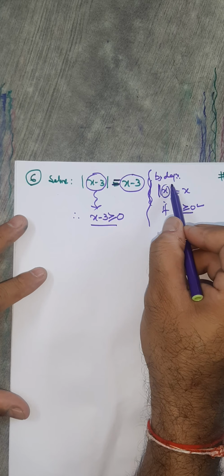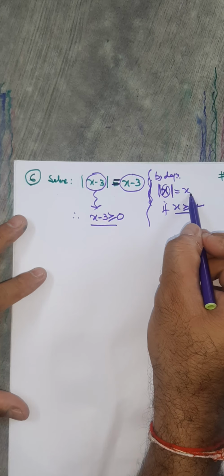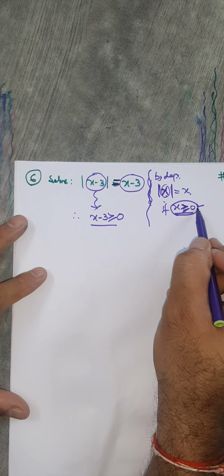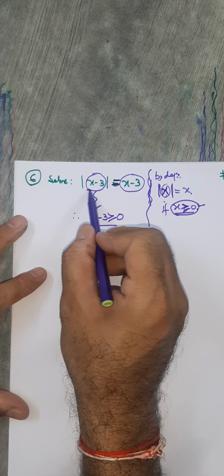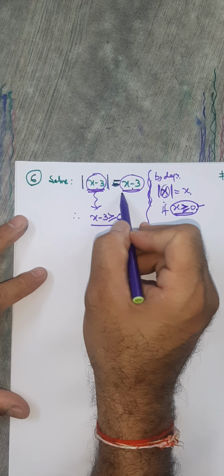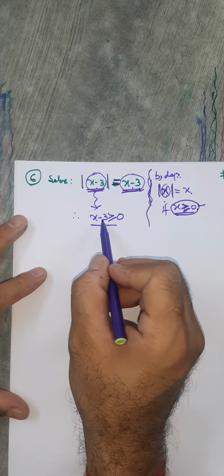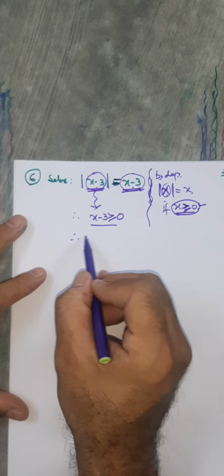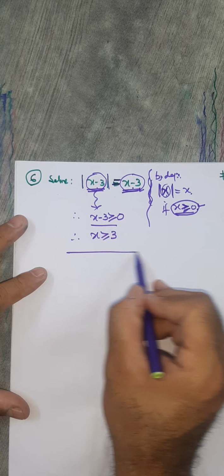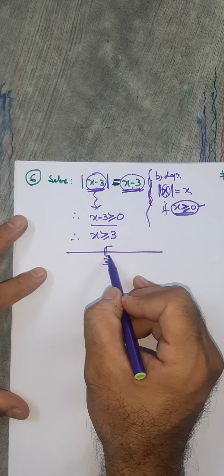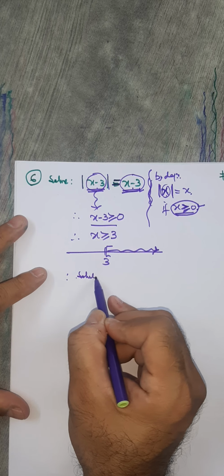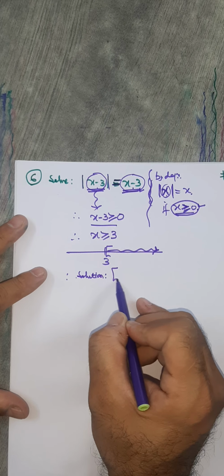What's the definition of modulus? Modulus of x equals x if the inner number x is greater than or equal to 0. So here the inner number equals that same number. That means the inner number has to be greater than or equal to 0. That means x has to be greater than or equal to 3. So greater than or equal to 3 means what? 3 to infinity, remember. So here the solution is the closed interval 3 to infinity.